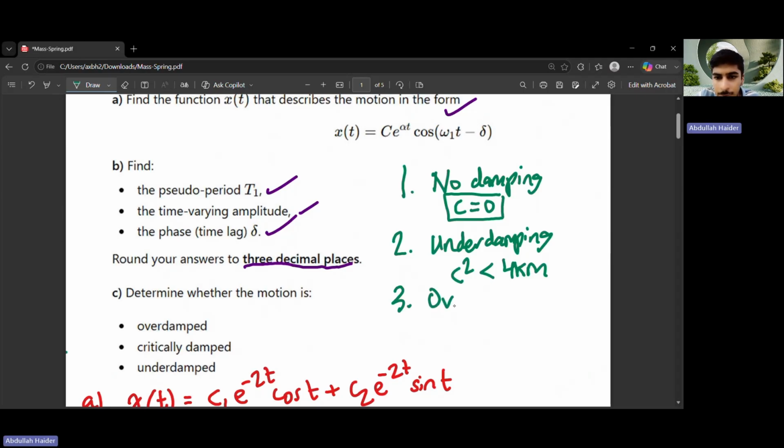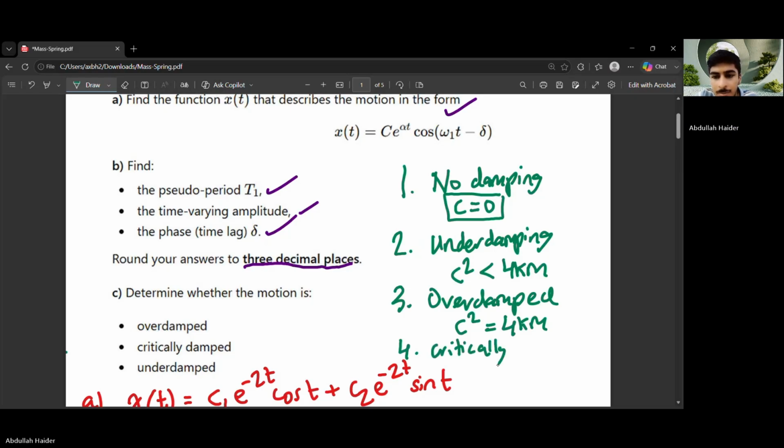Then you have overdamped. This is when C squared is equal to 4km. And finally, the last case, critically damped. In this case, you have C squared greater than 4km.